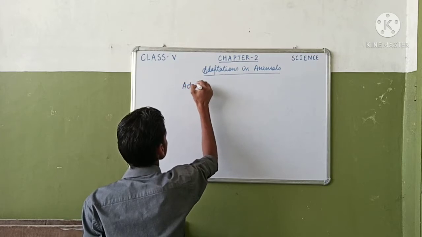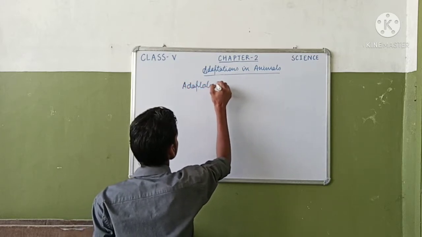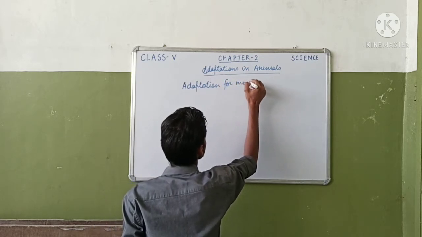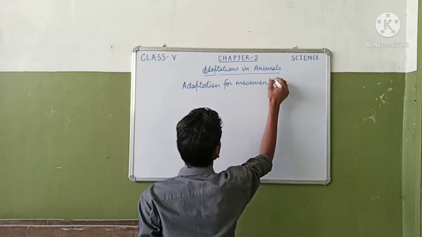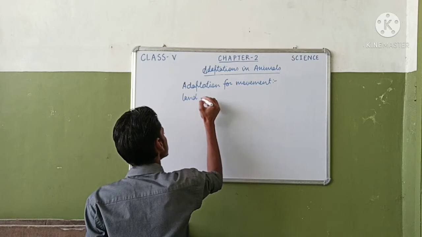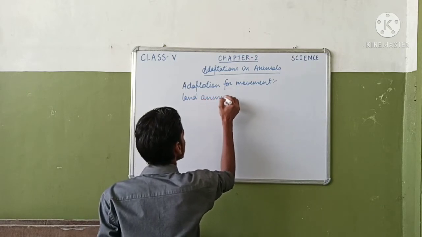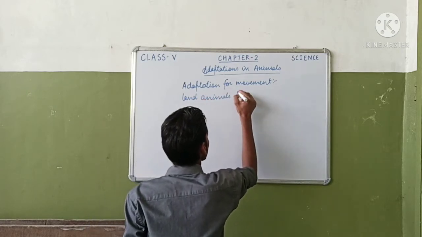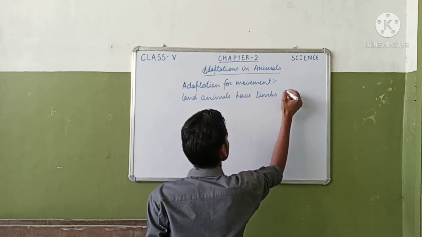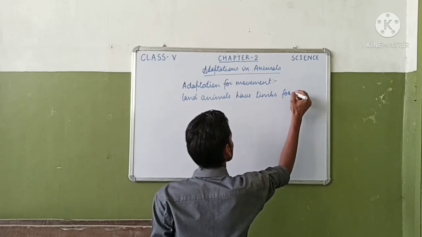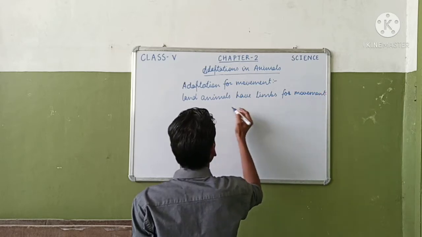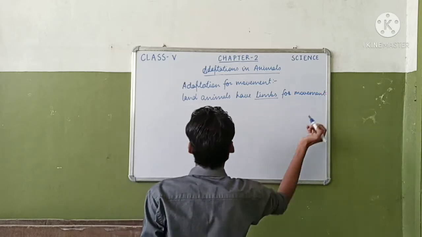Adaptations for movement. Land animals have limbs for movement.